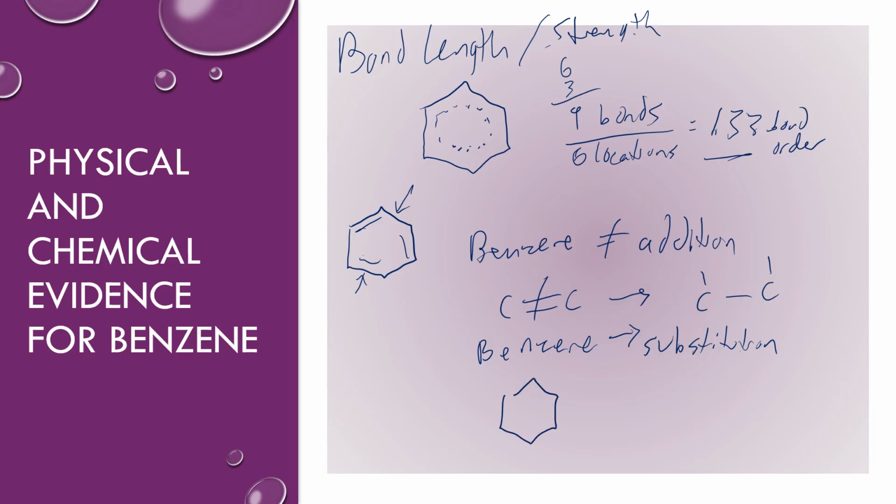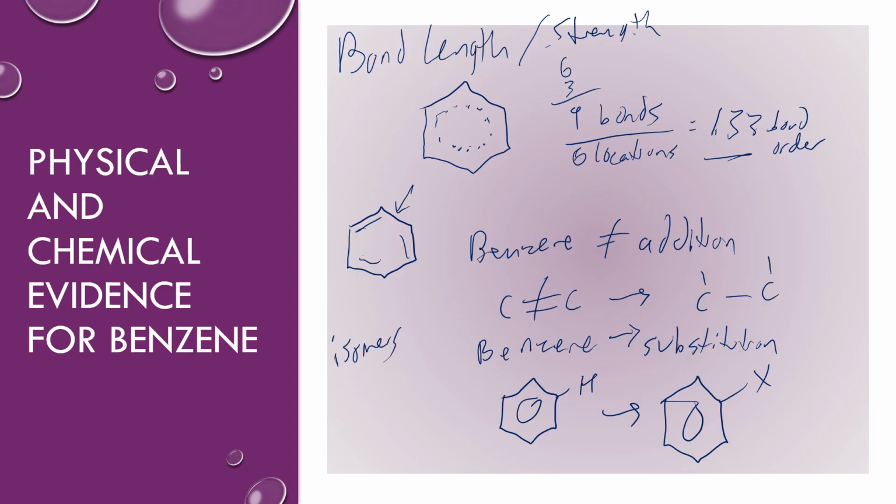So you have your hydrogen on your benzene. You could replace that hydrogen with a different element, like a halogen. So that is a much more likely scenario where you retain the delocalization. One final example that you might see on a question is about isomers of benzene.